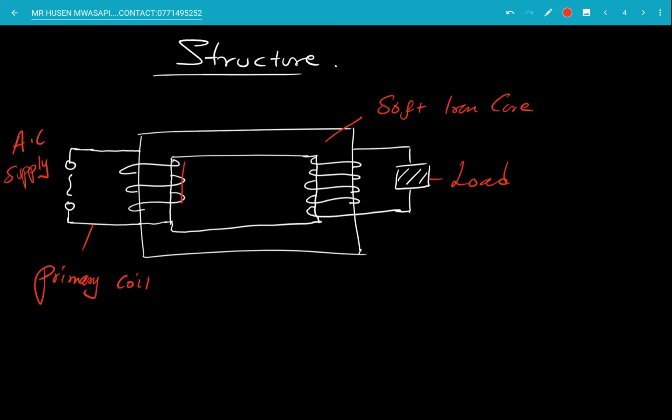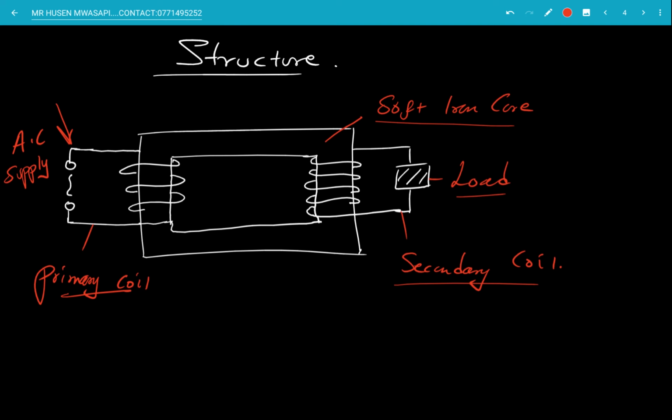These are the turns. And this is the secondary coil. I know at first glance most of you won't get it, but with a little bit of practice you get a hang of it. So the AC is supplied at this point. That is where you find the primary coil. Then you have the soft iron core, the load, and the secondary coil.